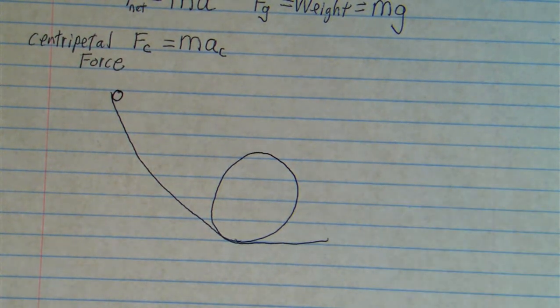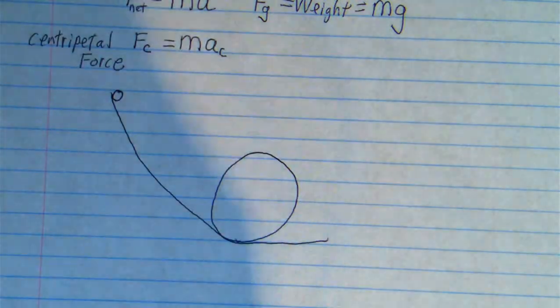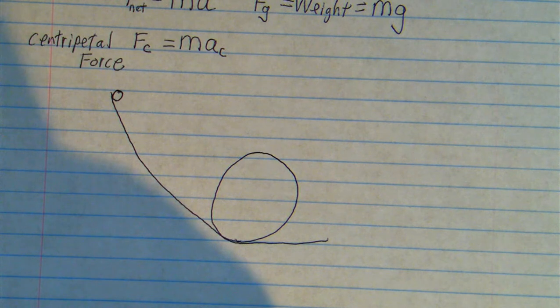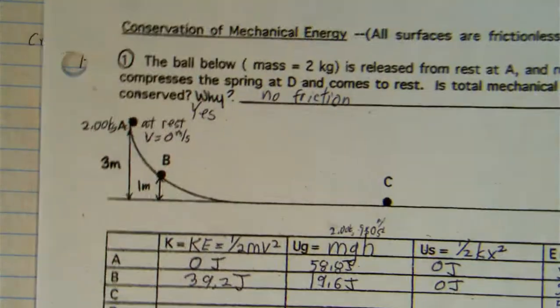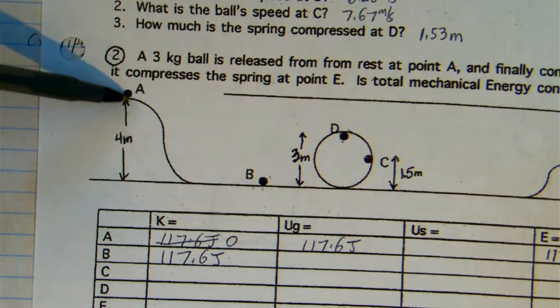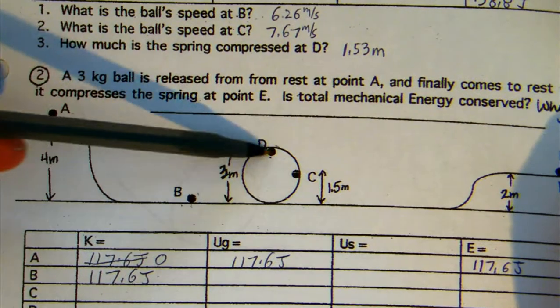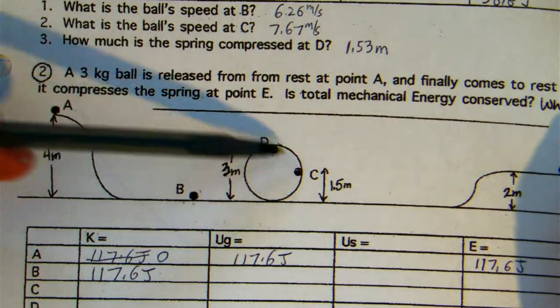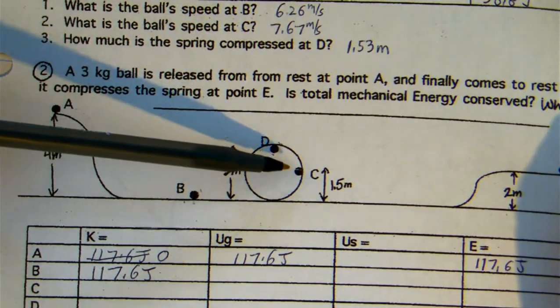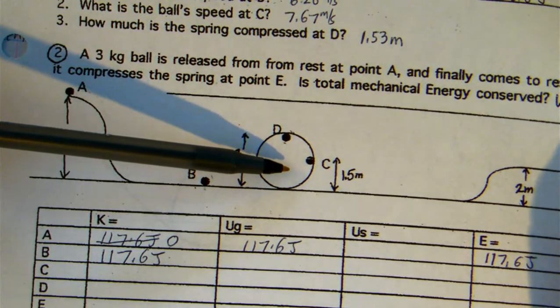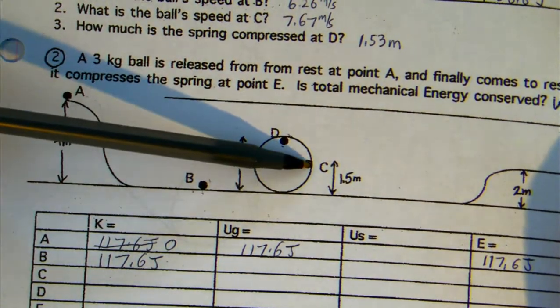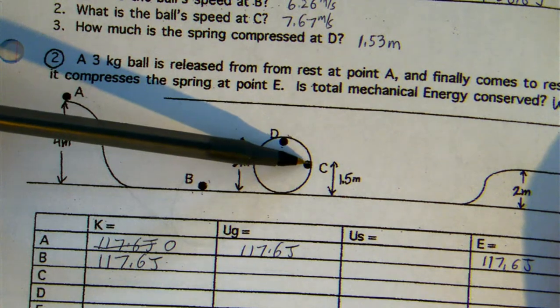assignment that you guys had to deal with earlier. Oh man, I happen to have that assignment. The second part of this assignment had a ramp that went to a loop de loop. And on this homework assignment, there were questions that asked, what is the normal force acting on the ball at point C?